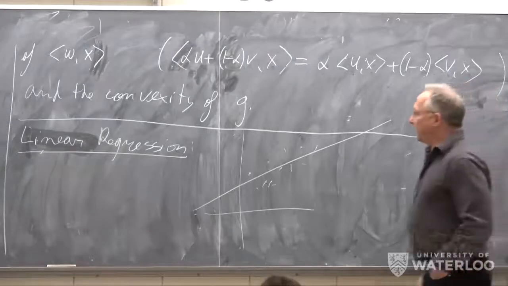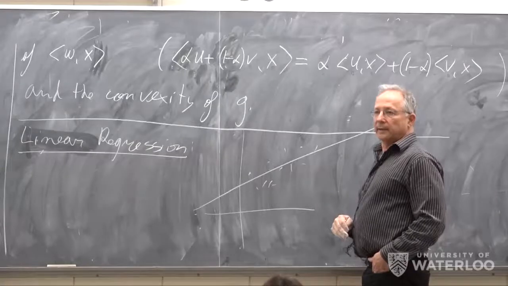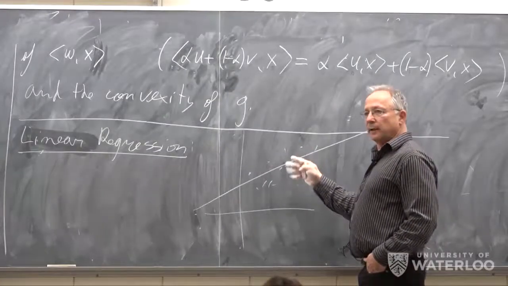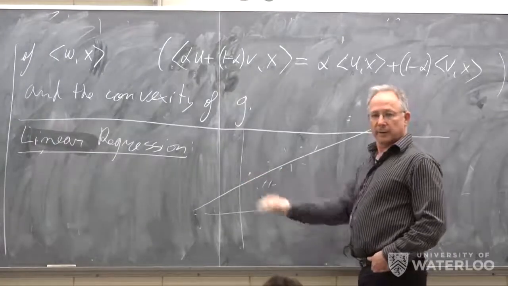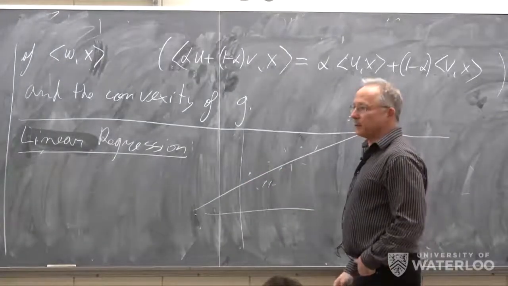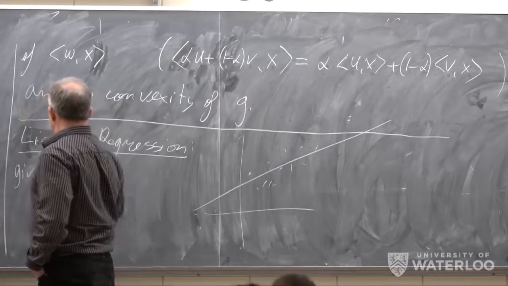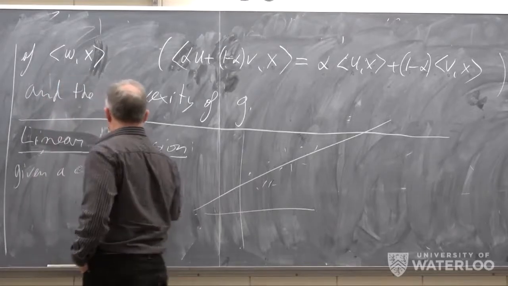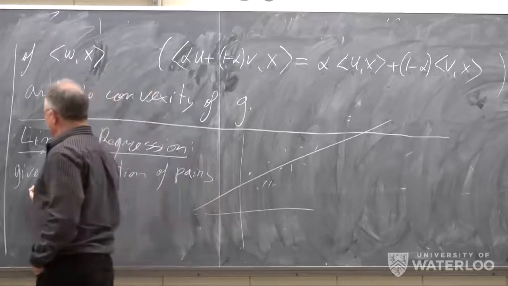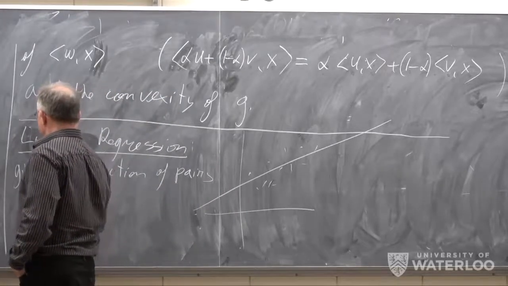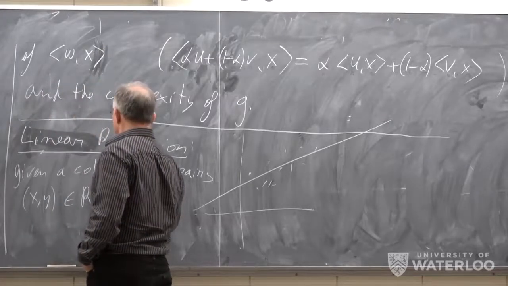So now we have to define a loss between such a function and the input. The input is the collection of points. So the loss that is common with linear regression, so we're given a collection of pairs x, y in Rd times R.